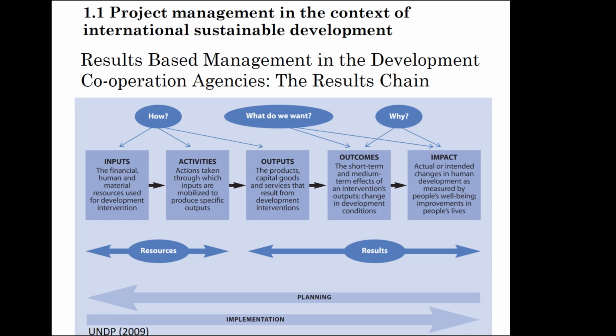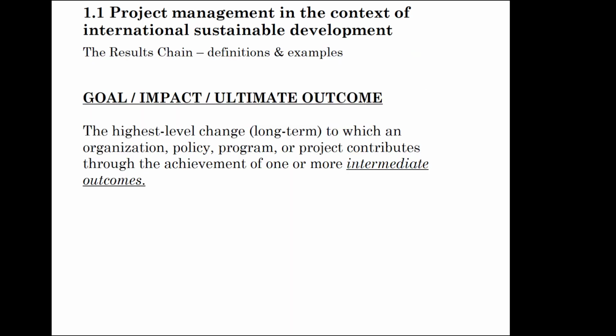Only after the results are clear should a project be concerned with which activities should be planned and which inputs we are going to need for implementing these activities and ultimately producing our products, our outputs. So first was the planning and only afterwards the implementation. First were the results, only afterwards should we turn our attention to planning the resources needed.